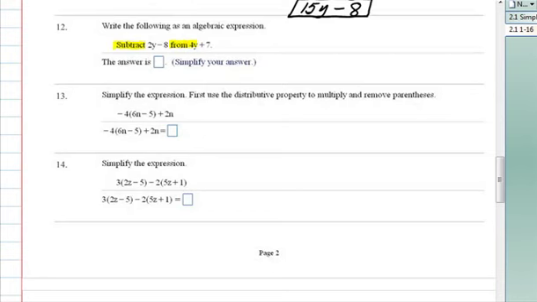Do you remember? It's a reversing phrase. Subtract from is a reversing phrase. And it says, write down the second expression first, 4y plus 7, and I want to subtract from it 2y minus 8.